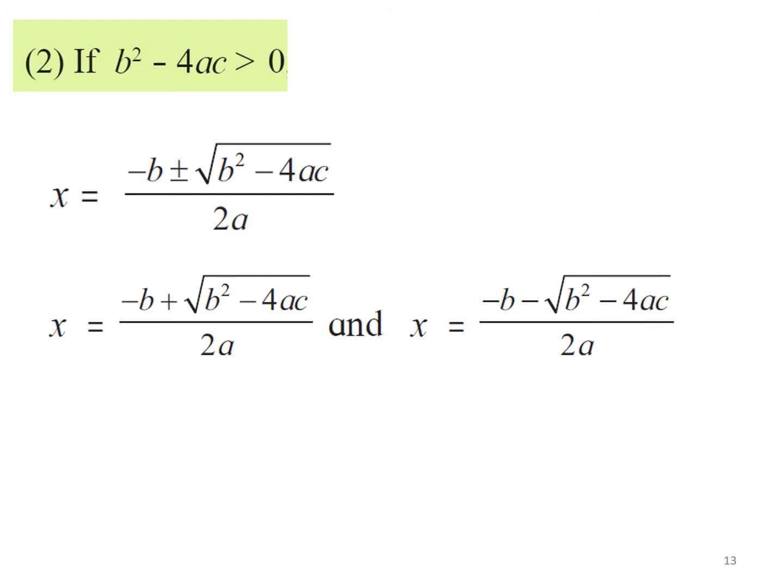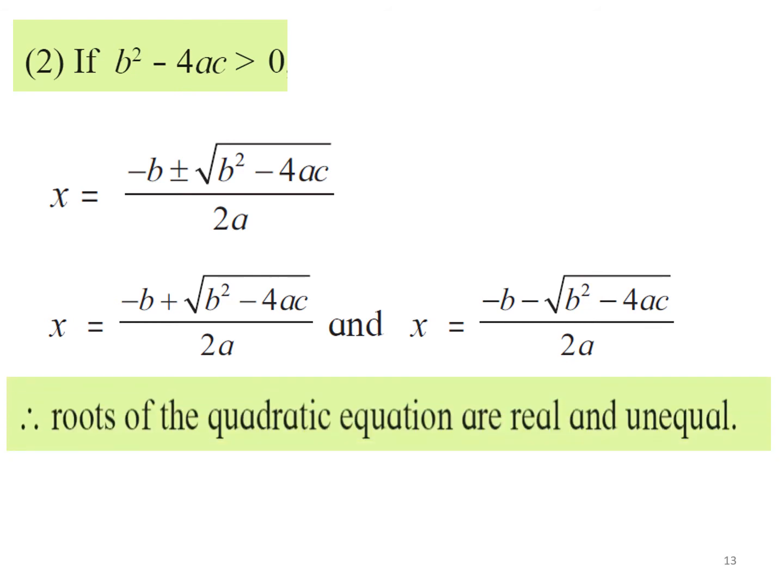So there are two different values which we are getting. They are unequal in nature, but they are real. So the roots of the quadratic equation are real and unequal because one is minus b plus under root b square minus 4ac, and one is minus b minus under root b square minus 4ac. So they are unequal, but they are real in nature.